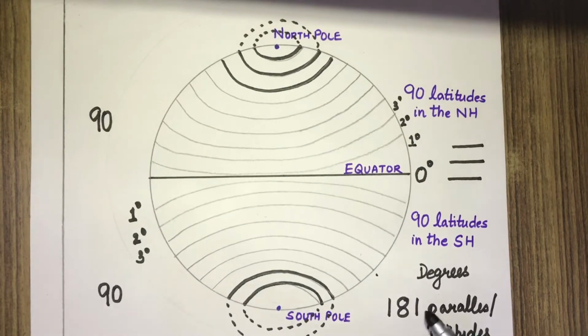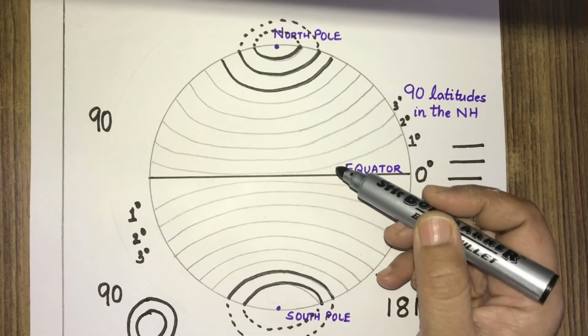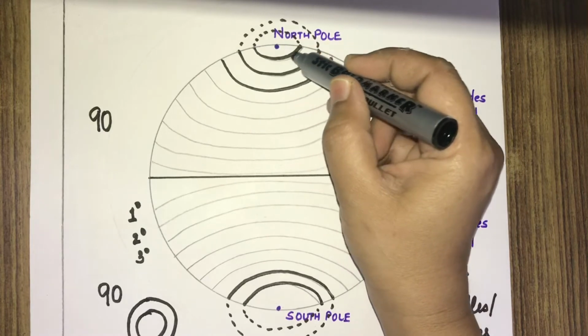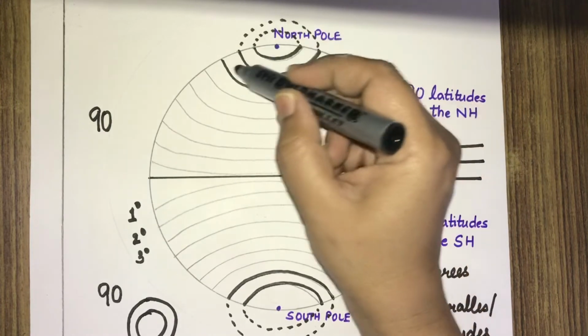Now children, did you notice one thing? If I look at these circles, you will notice that the circumference of the circle keeps on increasing near the equator. If this is a circle, the distance around it is called its circumference. So this second circle has a bigger circumference. If we start from the North Pole, the size of the circles goes on increasing.